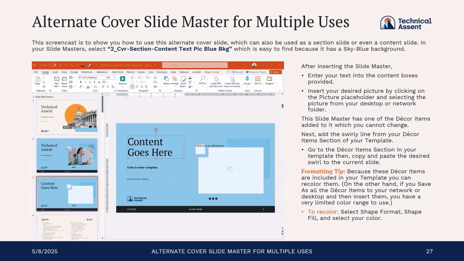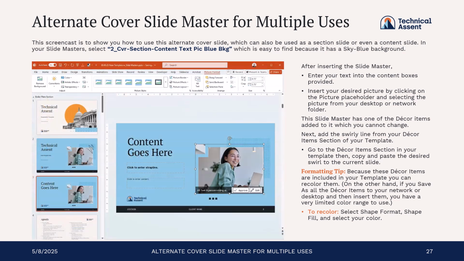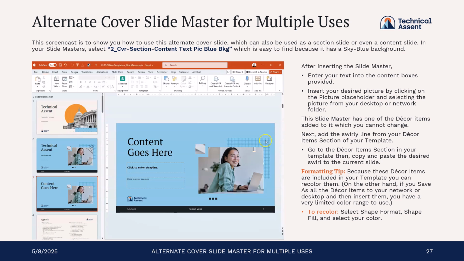The next step is to simply insert your desired picture by clicking on the picture placeholder and selecting the picture from your desktop or network folder. This slide master has one of the decor items added to it, which you cannot change.